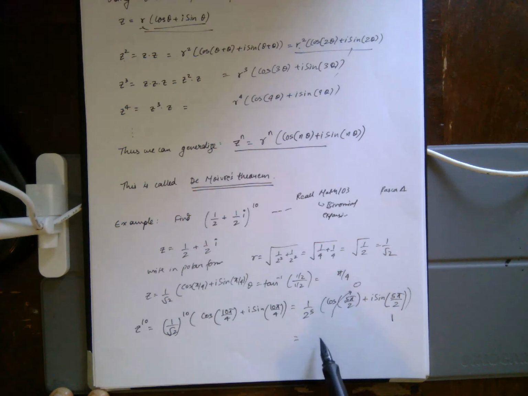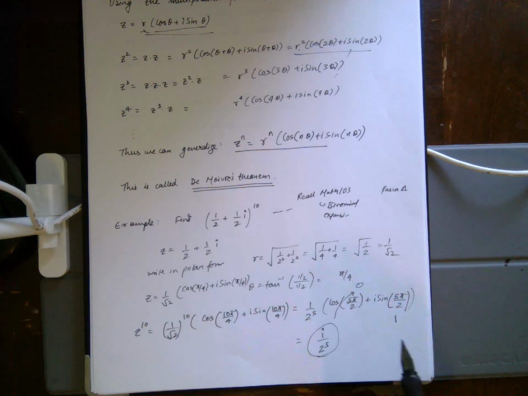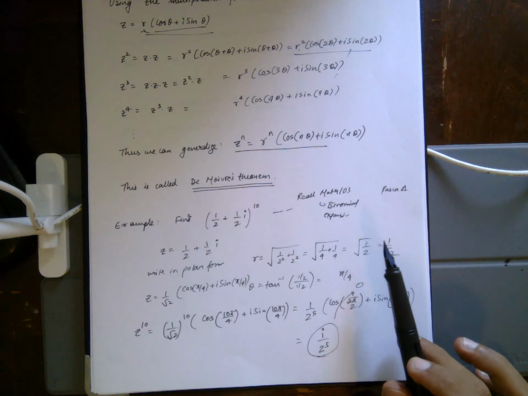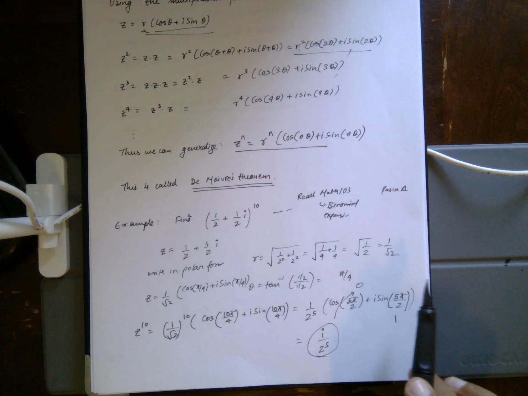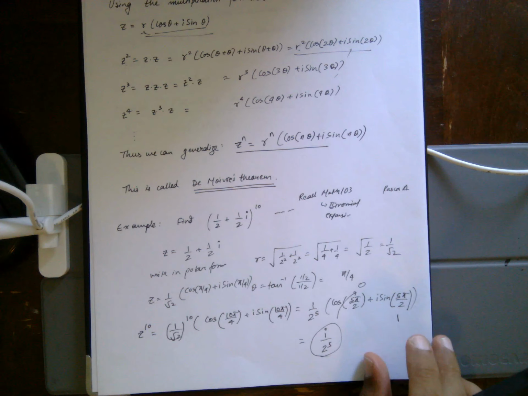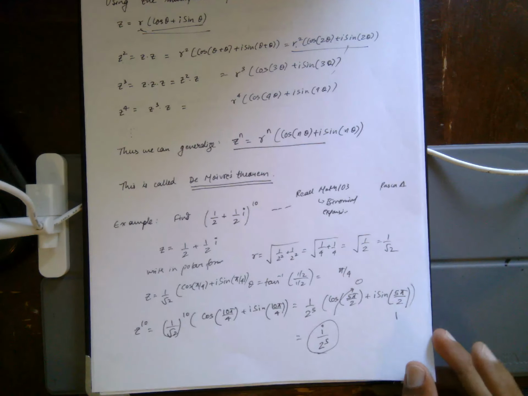So this is just i over 2 to the power 5. I can do all of this computation without the binomial expansion, which would give the exact same result, but would be really lengthy.